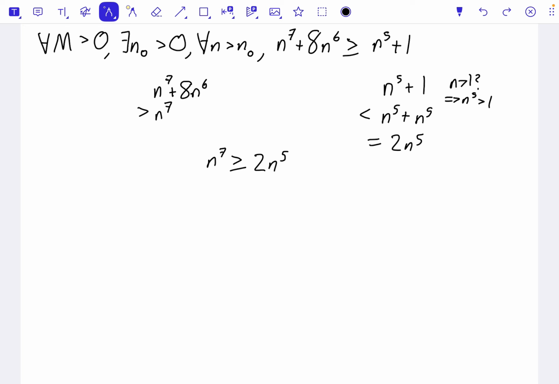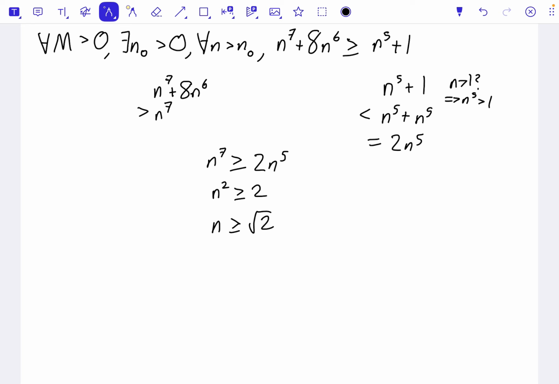Let's solve for another constraint on n, which will indirectly solve for n squared. Divide both sides by n to the 5. n squared is greater than or equal to 2. Okay, square root. Yeah, good enough.